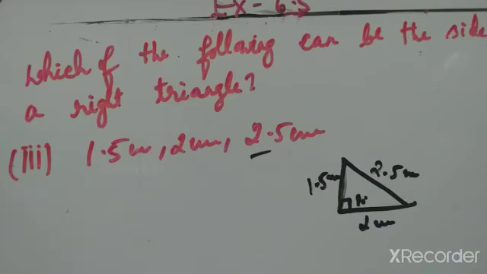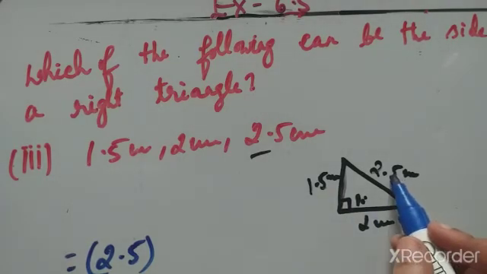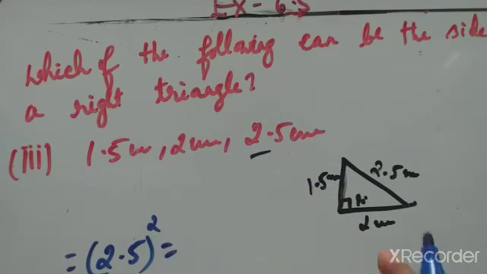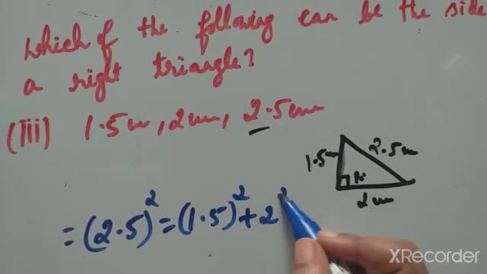What is the Pythagoras property? The square of the hypotenuse is equal to the sum of the squares of the other two sides. So with 2.5 you have to check whether this measurement can be the sides of a right angle triangle. Hypotenuse square equals the sum of the other two squares: 1.5 square plus 2 square.